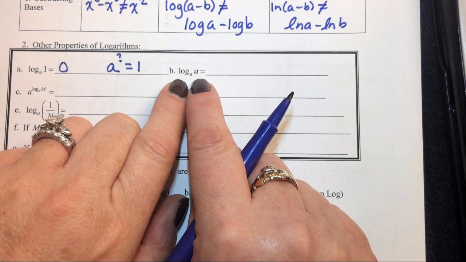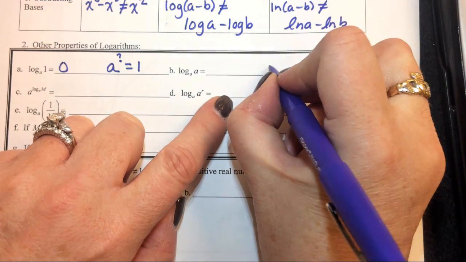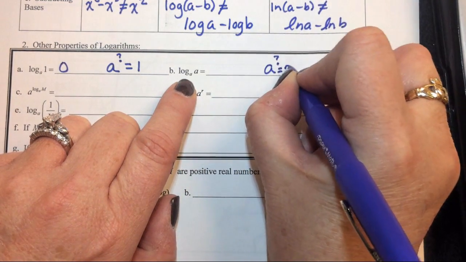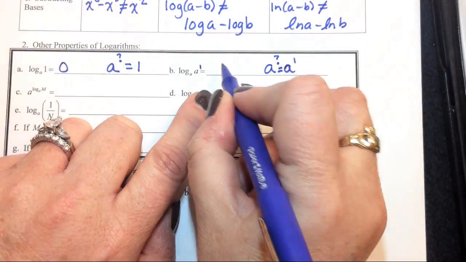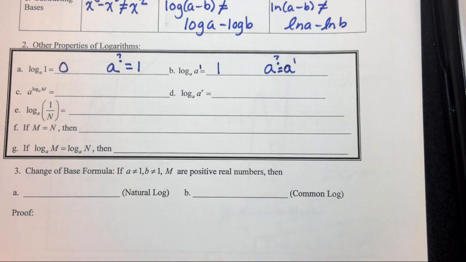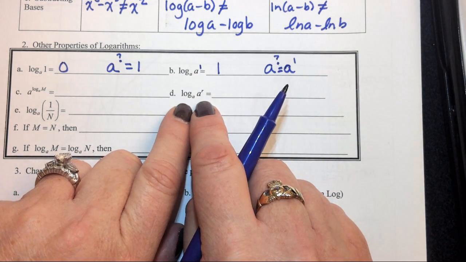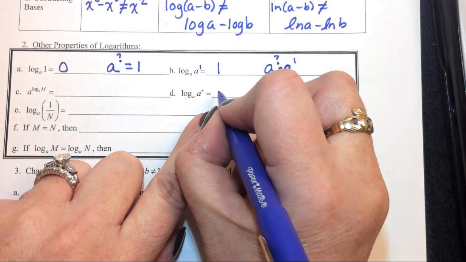So then log base A of A, what would that be equal to? 1. There we go, because A, my base, raised to some power is equal to A to the first, because this A has a power of 1. So there's your 1. I'll jump to B right here. Very similar property. Log base A of A to the R is just going to be what?